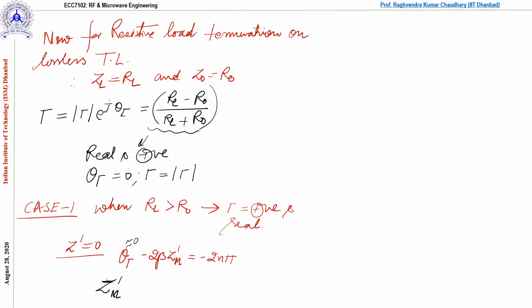So Z M dash will be n lambda by 2, from the load. This is the location over the transmission line where you will get the maxima and minima.